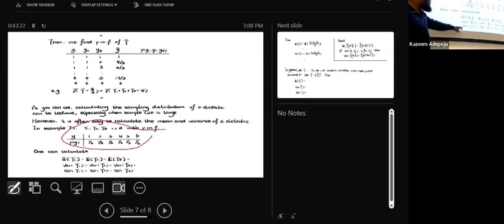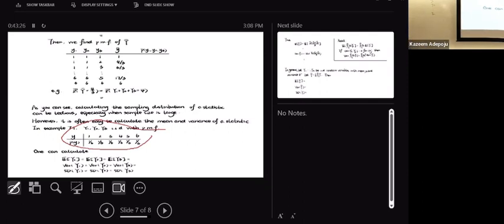And if you want to find the variance, the variance of y is the expected value of y squared minus the expected value of y, all squared. And of course, the expected value of y squared is the summation of y squared times p of y, with y from 1 to 6. You've done that before in 4101.